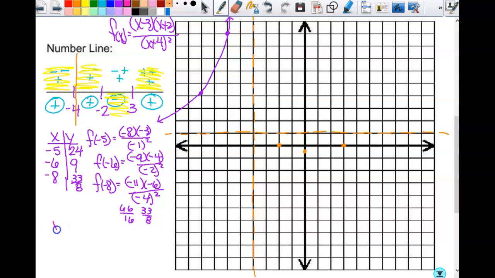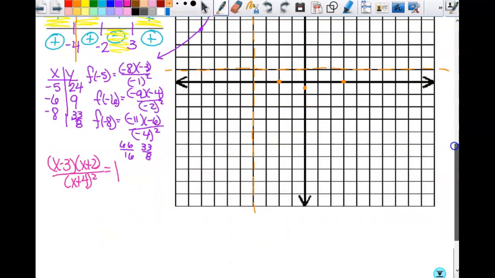So my function, which is x minus 3 times x plus 2 over x plus 4 squared, I'm going to substitute in the y value of 1. Not because I always do 1, but because that's what the asymptote is. It's y equals 1. So then I solve this.